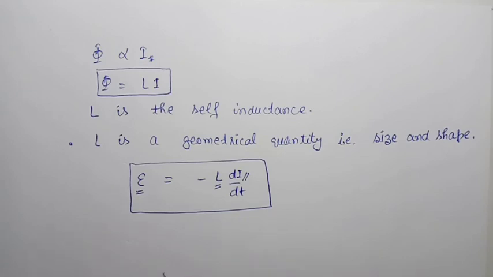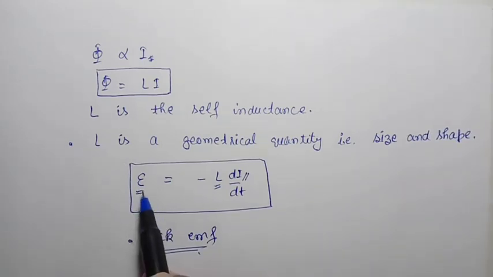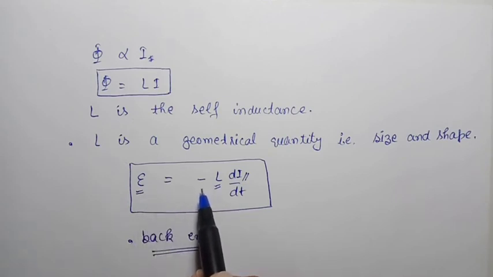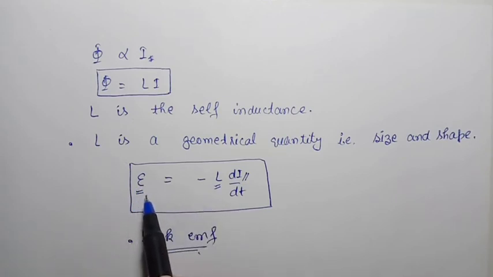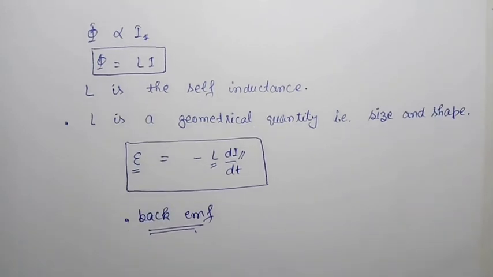Due to this reason this is known as back EMF. I will repeat the same. As per Lenz's law, the negative sign indicates that this induced EMF opposes the change in current, and due to this reason this EMF is known as back EMF.